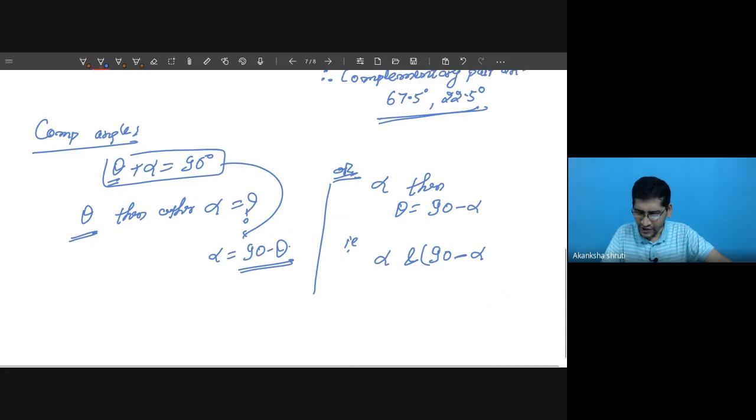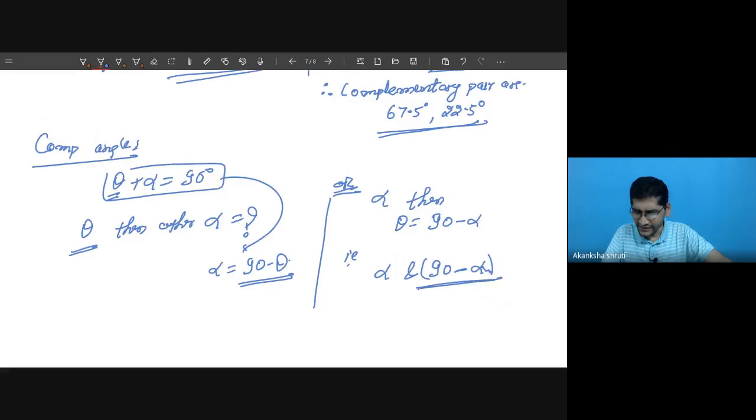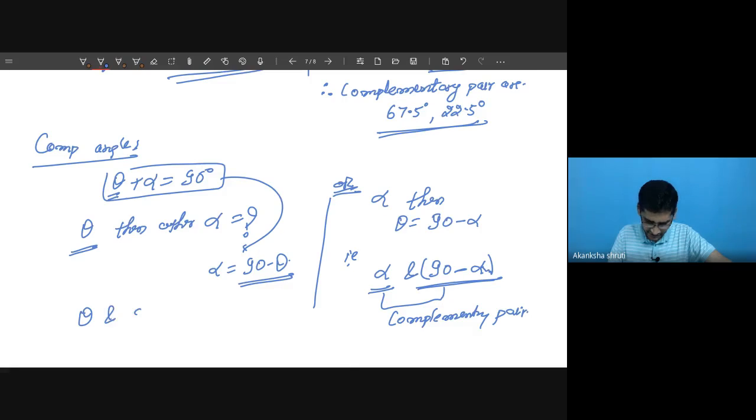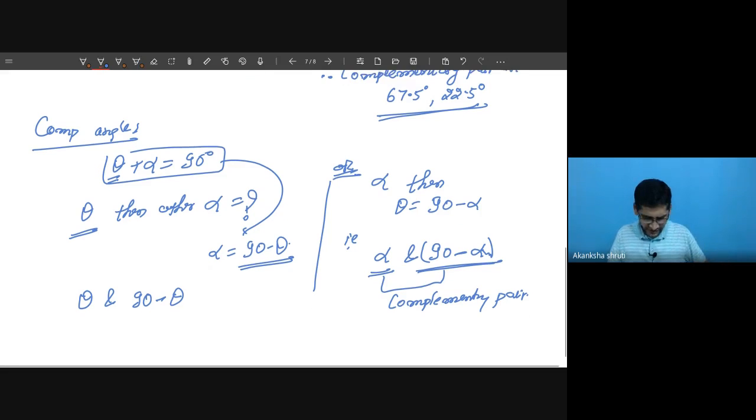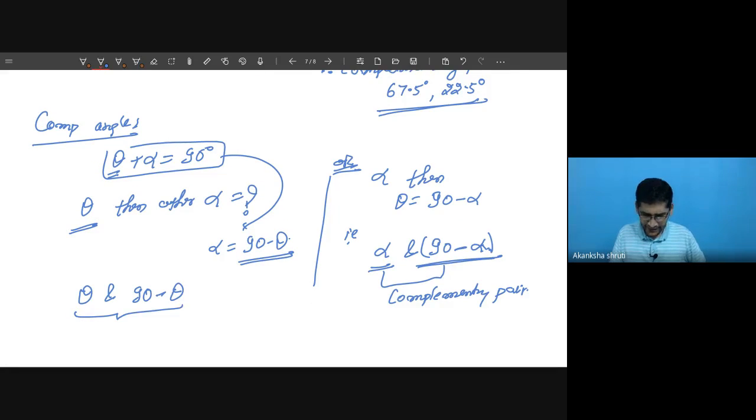So one angle you have to take and then that angle has to be subtracted from 90. These two are a complementary pair. Which symbol you use for denoting doesn't depend on that. So these are your complementary pair.